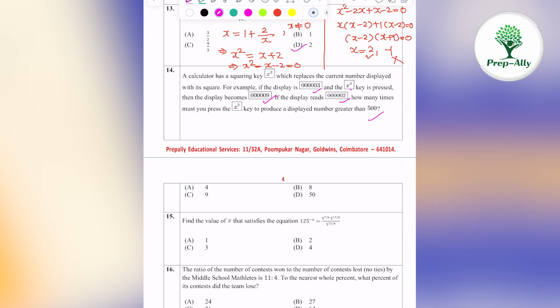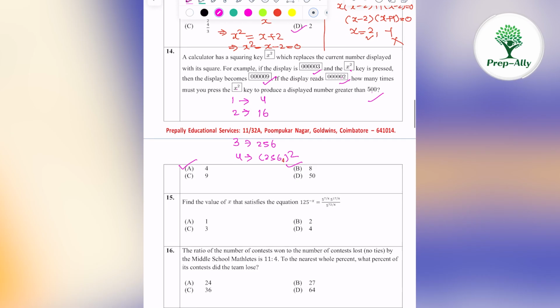So let us suppose first time if I press, then 2 becomes 4, second time 4 becomes 16, third time 16 becomes 256, and fourth time there is the square, and basically this square is greater than 500. So the correct answer, we have to press 4 times to get the number which is greater than 500.